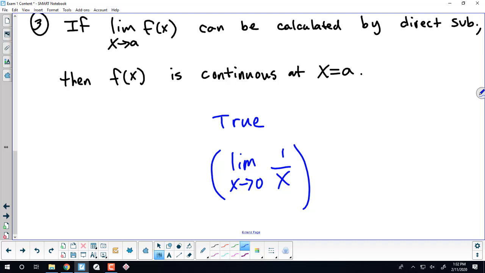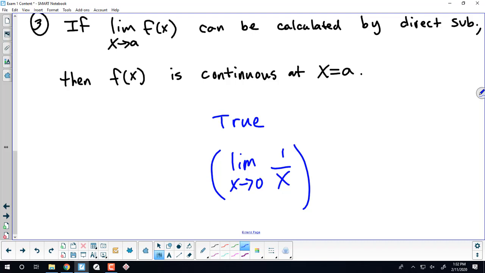We also said that the why behind direct substitution was based on continuity. We wrote that down in 2.6's notes somewhere. Anytime you're able to directly substitute, it's because the function is continuous at a. So yeah, it's true.